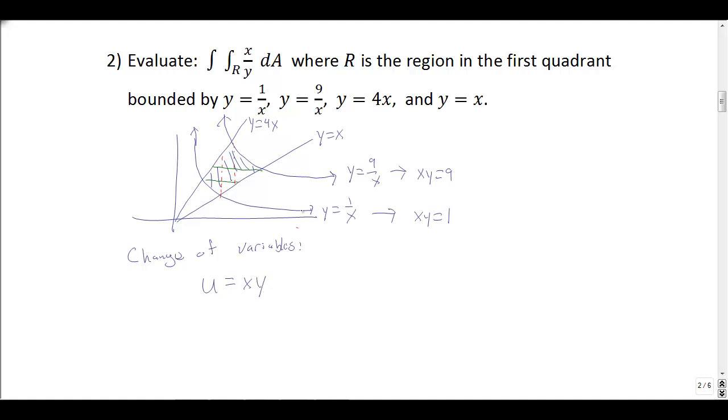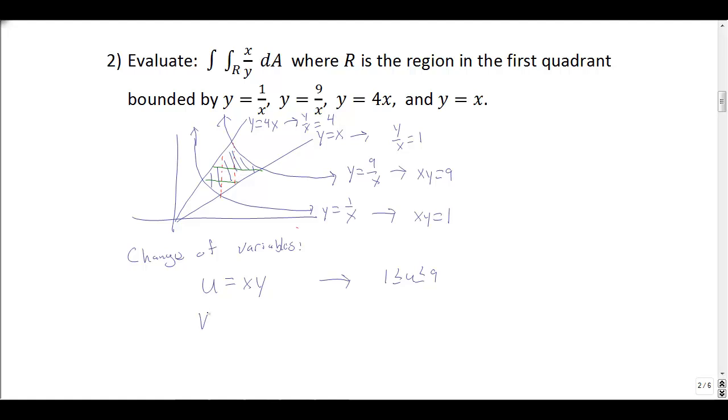So then u just goes from 1 to 9. It starts at u equals 1, this graph here. This is u equals 9. So that's pretty slick. The other ones, I can do something similar, solve this for a constant. y equals x, that would be y over x equals 1. y equals 4x, that would be y over x equals 4.